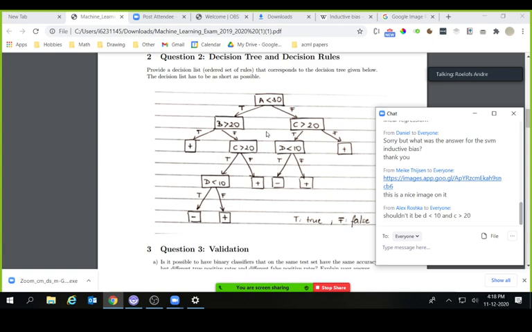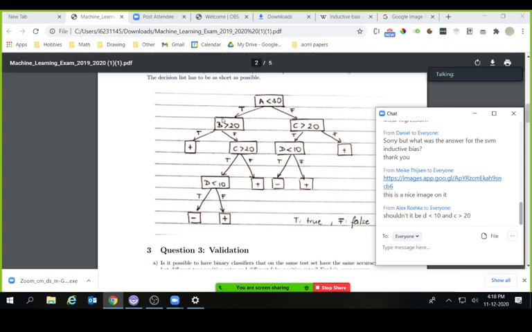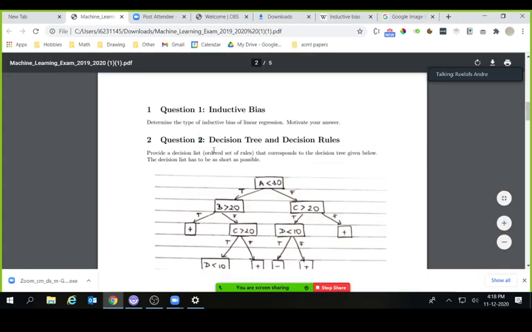Oh yeah. Actually, no, that's actually true. The C should actually be bigger than 20, and the D should be smaller than 10. Because you make the distinction here. You only check for D if the C is bigger than 20. Okay. Good notice. I knew this a year ago.